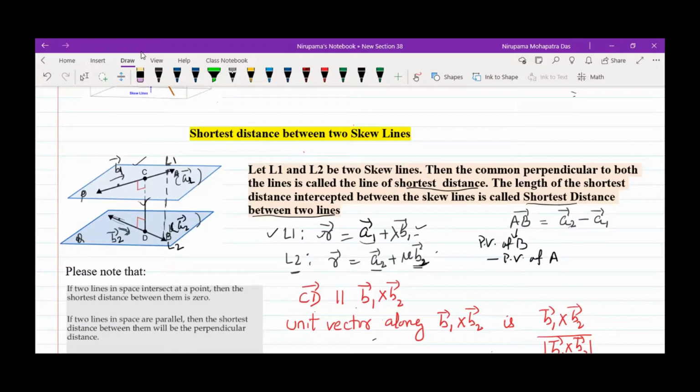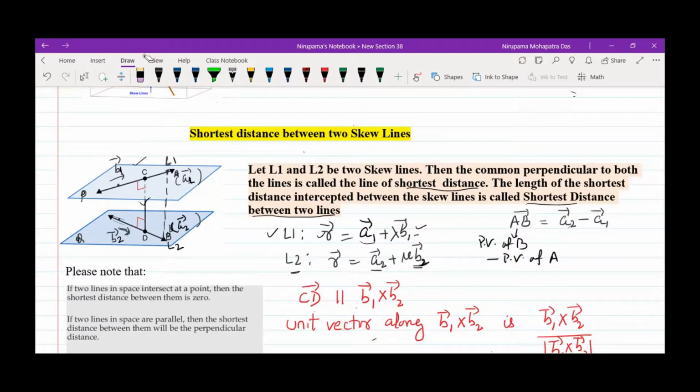L2 passes through the point B whose position vector is A2 vector. L1 is parallel to B1 vector, L2 parallel to B2 vector. It means the equation of L1 is R vector equals A1 vector plus lambda B1 vector, and the equation of L2 is R vector equals A2 plus mu B2.